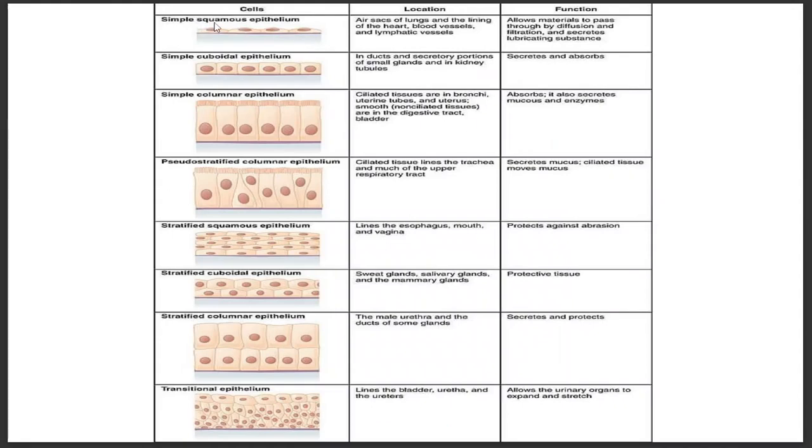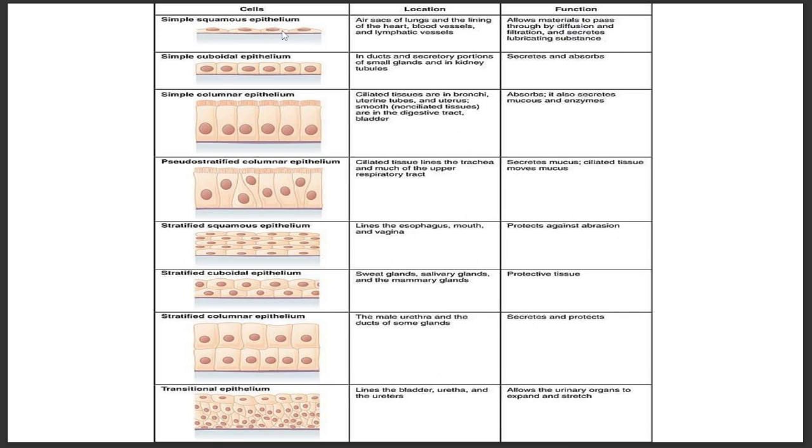So we see the simple squamous epithelium is mostly located in air sacs of lungs and the lining of the heart. Now, to understand how we can really know where it is located, we need to know the function which it gets to perform. So, the simple squamous epithelium mostly is there to allow the passage by diffusion of substances and filtration.